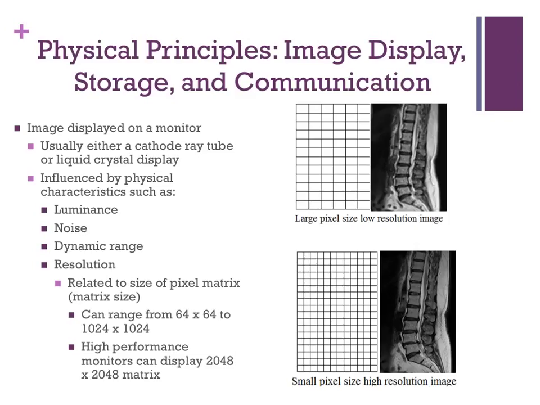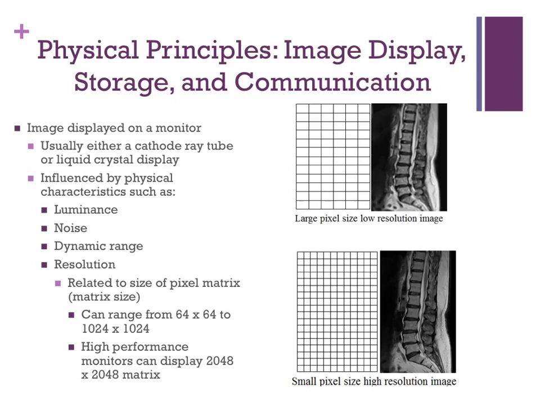The final step in the CT process involves image display, storage, and communication. So after the image has been reconstructed, it exits the computer in digital form. This then must be converted into a form that is suitable for viewing and that is meaningful to the radiologist.